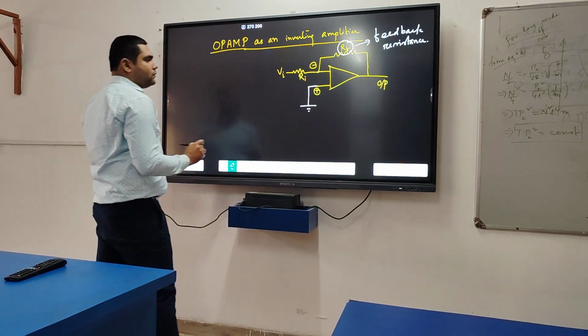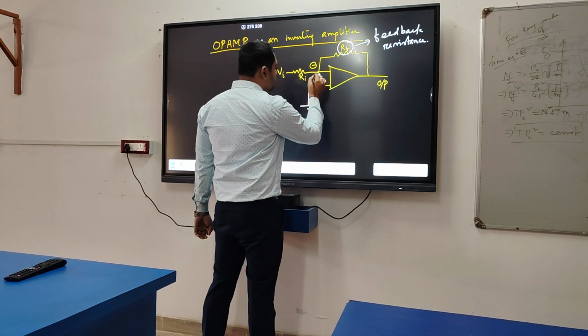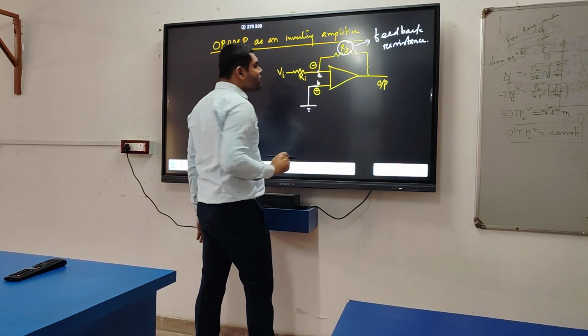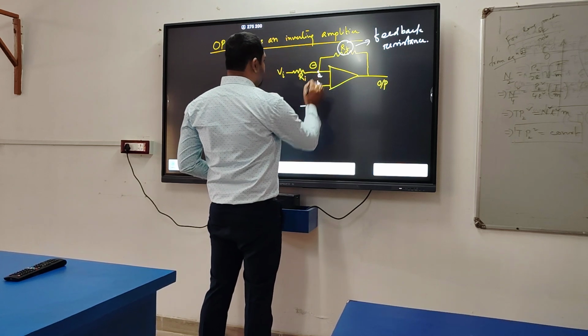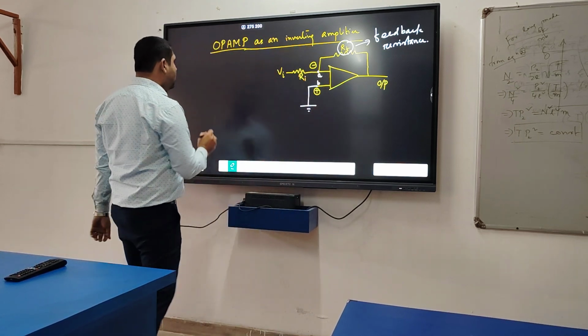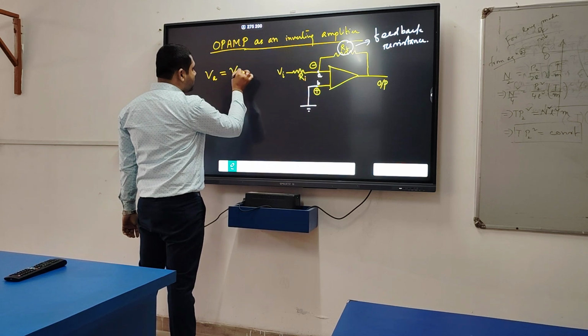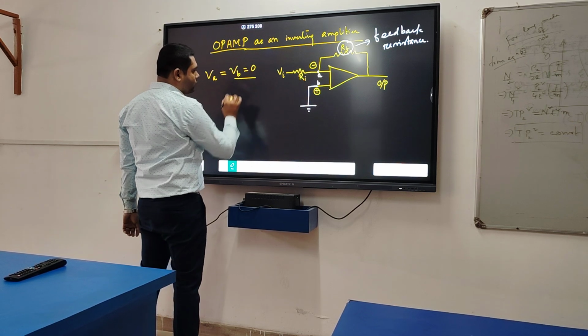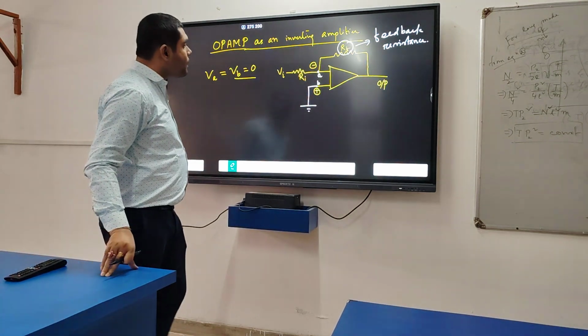So here we are considering two points, one is A, another is point B. The A point is here, the B point is here. So the potential at A is equal to the potential at B, which is equal to 0 as B is grounded. Why is the potential at A and potential at B equal?